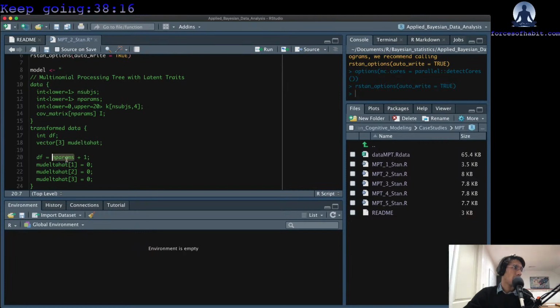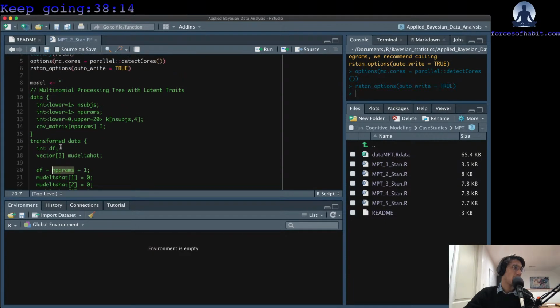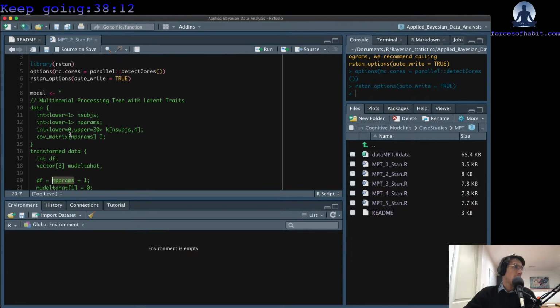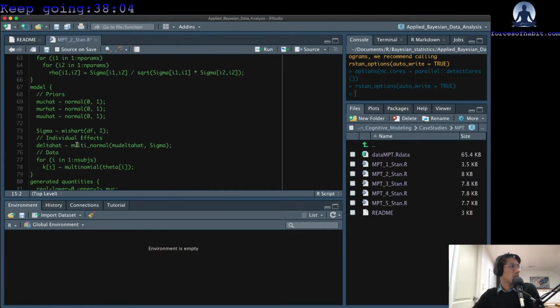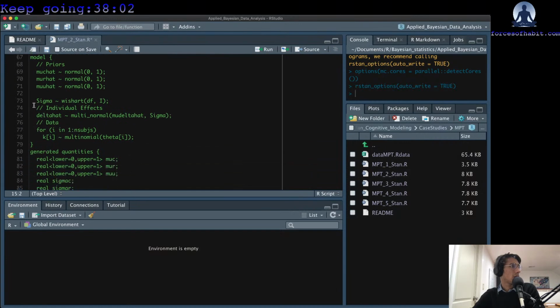So we have 3 parameters plus 1, 4, and then here we got I. So delta hat, multivariate normal, delta hat.